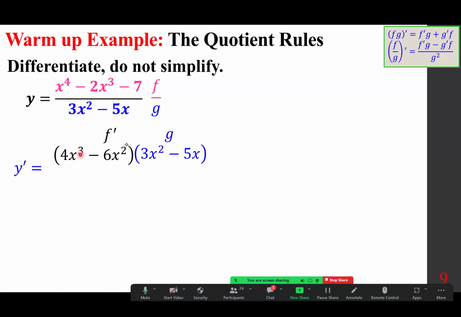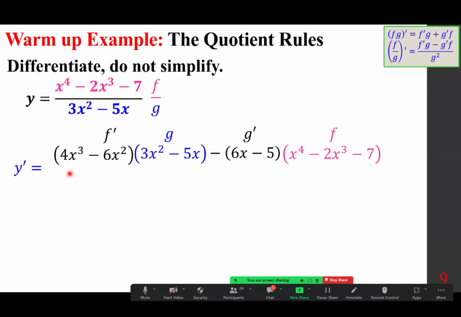So what you're looking at here is f prime g. Minus g prime f. So here's the g function, the bottom function. Its derivative is 6x minus 5 times f, the top function.